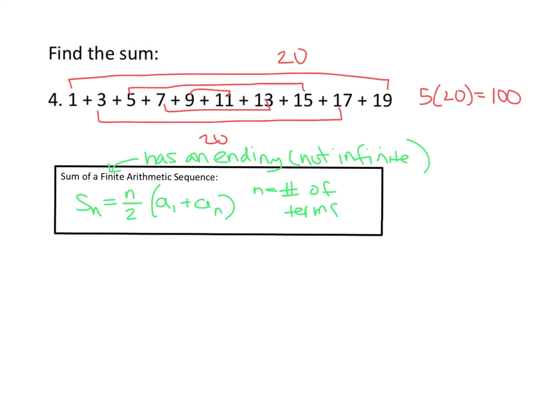You might not have realized that you used it, but in this thing, I had a total of 10 terms. That was my n. I did n divided by 2, which was 5, so n over 2. And my first term was a1, it was 1. My nth term, my last term, was 19. 1 plus 19 is 20. So that's actually the formula that we have.